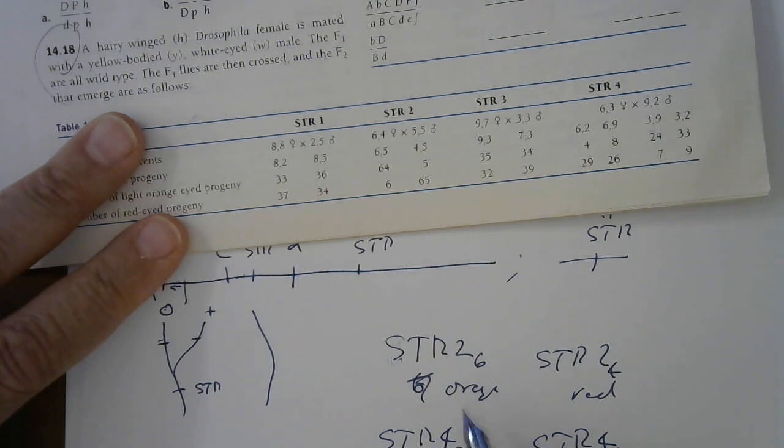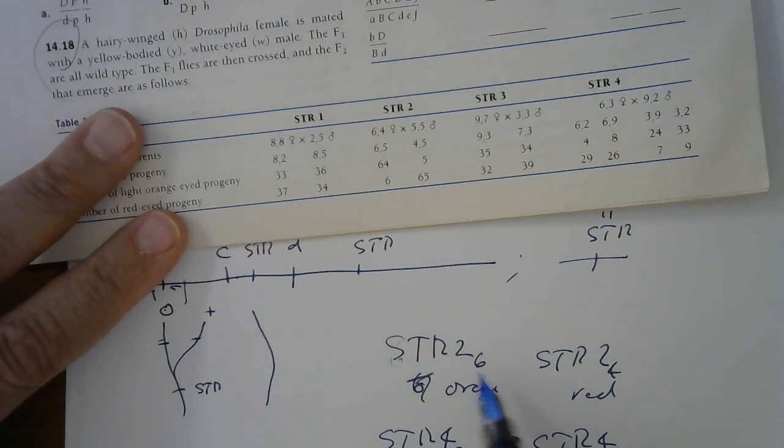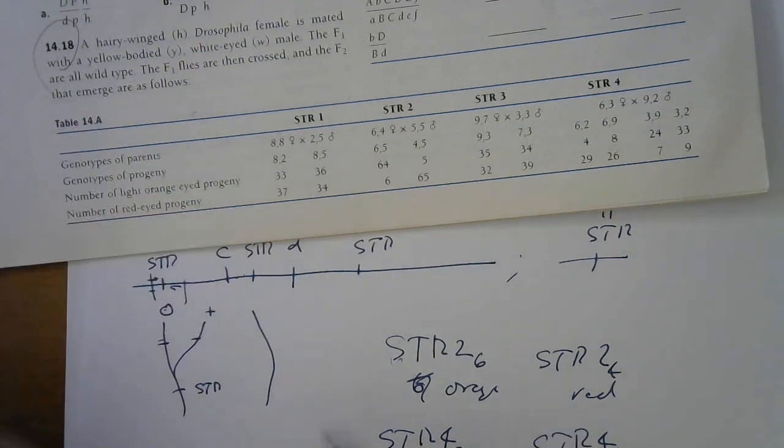STR2 with 6 repeats and STR4 with 3 repeats go with orange, and STR2 with 4 repeats and STR4 with 6 repeats go with red, but we can't see the relative distance. We can't map which order they are relative to each other.